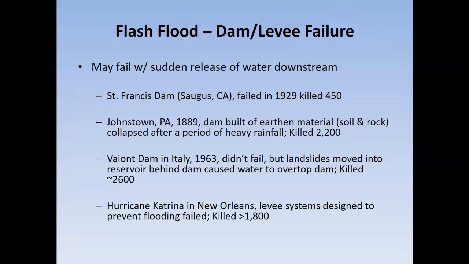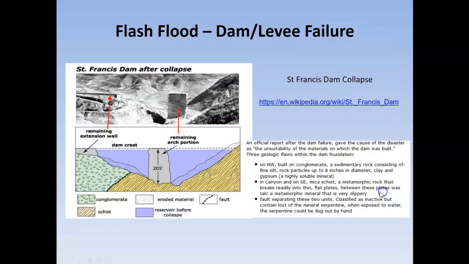Some are construction problems, some are geology problems, some are just extreme weather problems that are really difficult to control. One of the examples is this St. Francis Dam collapse. You can take a look at this link here and get some of the more details. But really quickly, you can see some of the reasons in this little report why the dam failed.